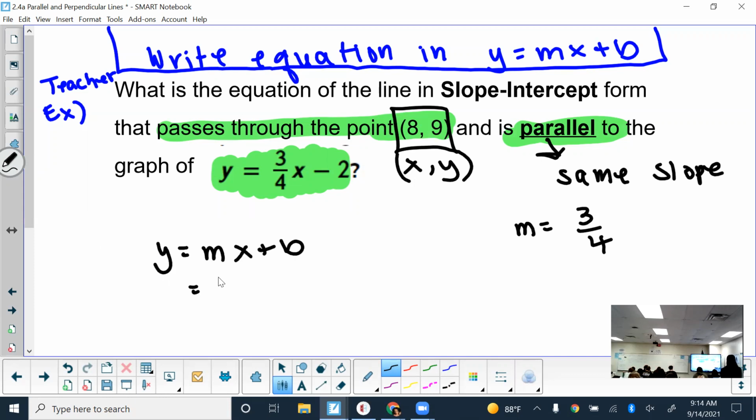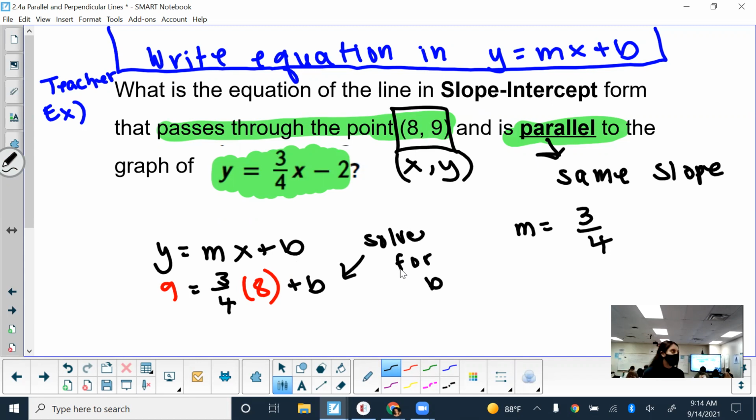We know that the m is going to be 3/4 because they're parallel. And since it also has to go through this point, I can plug it in. What's my y value? What's my x value? And then it's plus b. So you have to solve for b. You cannot just make up a b. If it says it has to go through this specific point, then you cannot just pick a random point for b.